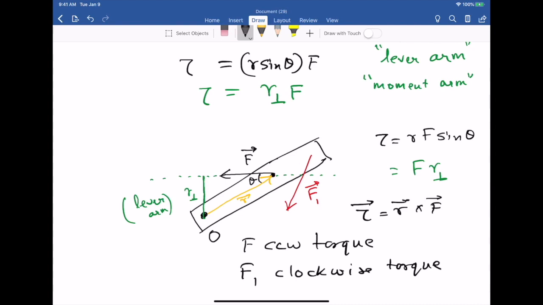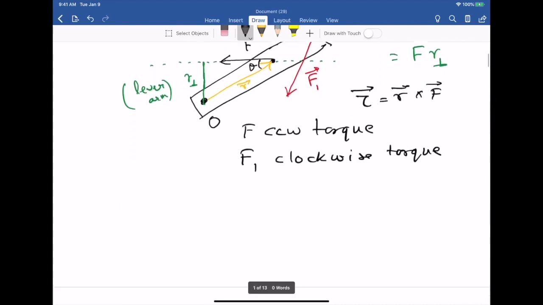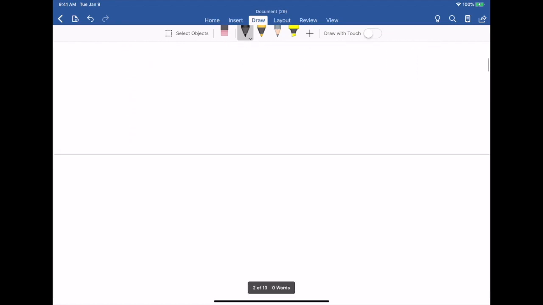Let's look at an example of applying the torque formulas. The torque formula that we just saw is torque equals R cross F. That's the most general formula, which can be written as the magnitude of the torque. Remember that if you don't put the vector arrow, it just means the magnitude of that vector.